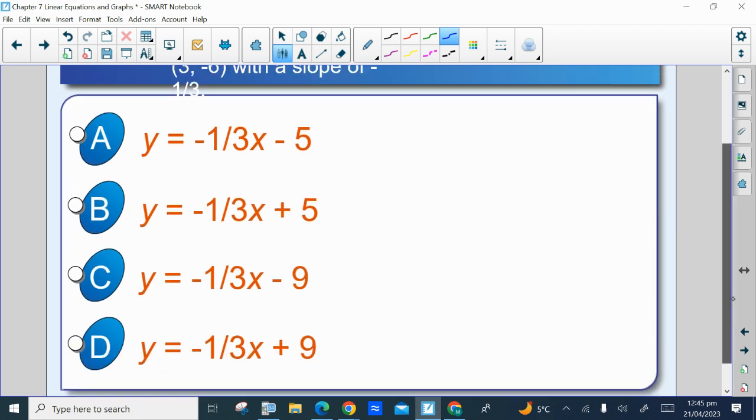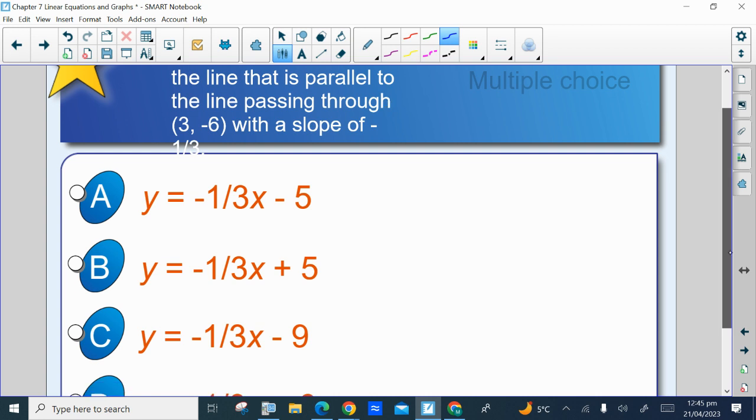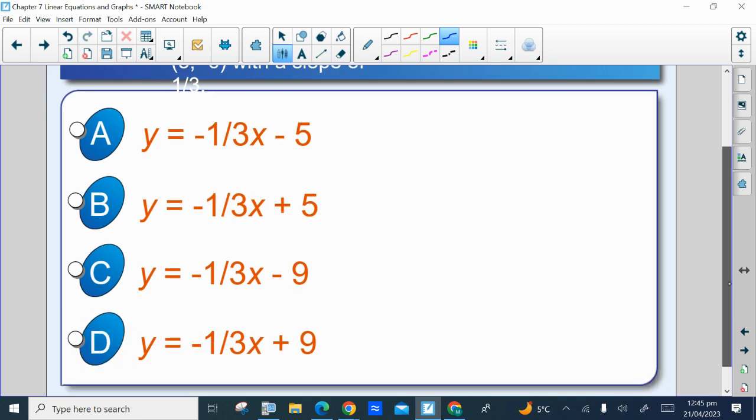If we look at all these equations, the negative sign is just on the previous line at the end. So all three of these equations have a slope of -1/3 because that's what m is, right? These are all in y equals mx plus b. So we can't eliminate any of the answers by that.